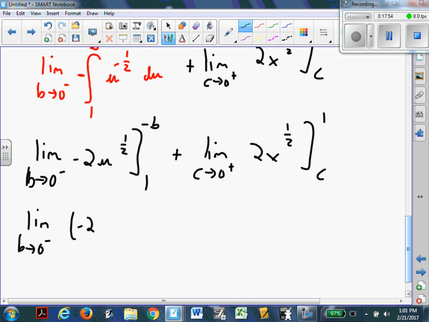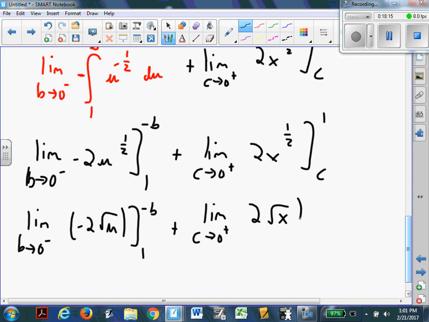So this is negative 2 square root of u from 1 to negative b. So that means I have to plug in, well, you know what? I'm going to do this first, just to make this even easier to see. Again, you don't have to show all of these steps, but I'm doing it just so I don't make a mistake.